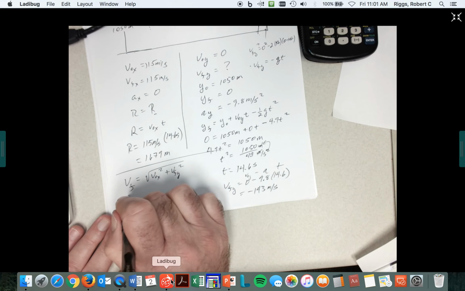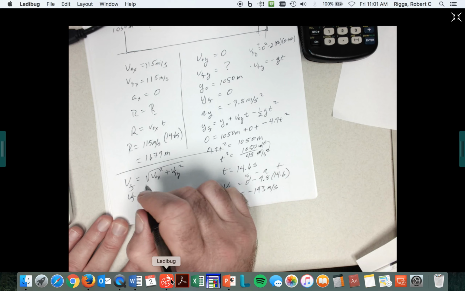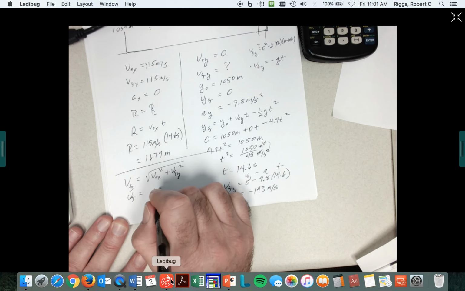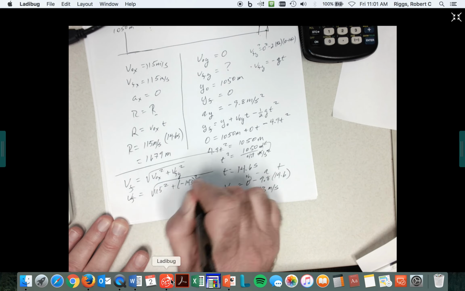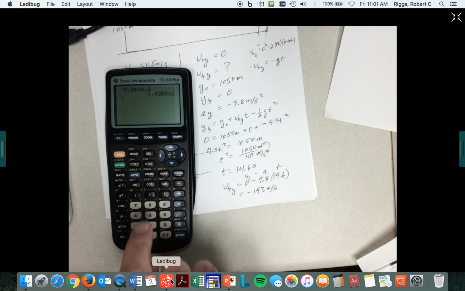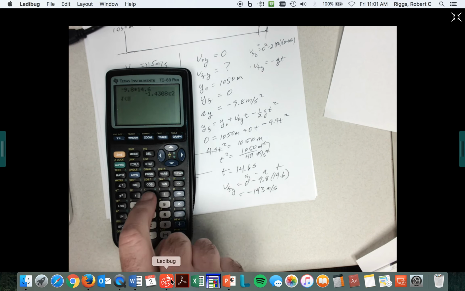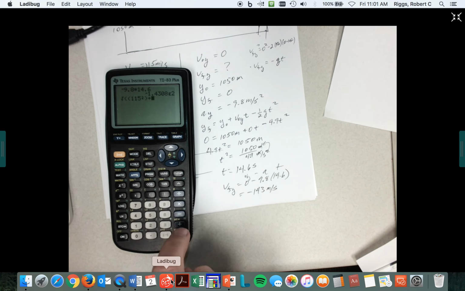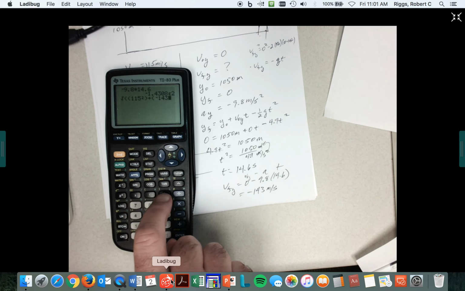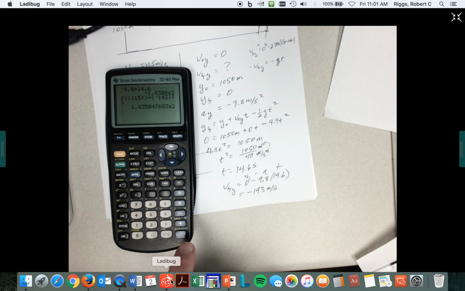All right. And so v final is equal to the square root of 115 squared plus negative 143 squared. You know what? I don't think my calculator does that very well. Oh yeah, it did.